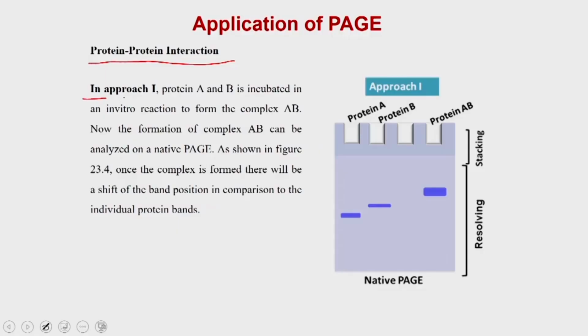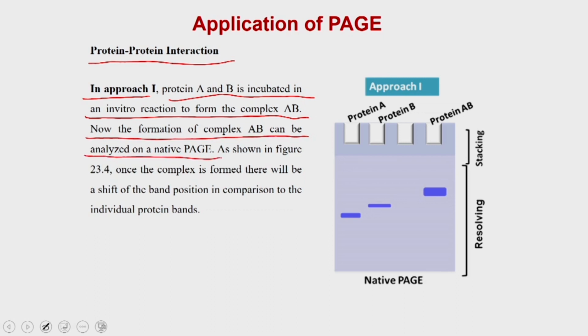In approach 1, protein A and B are incubated in an in vitro reaction to form the complex AB. The formation of the complex AB can be analyzed on a native PAGE, as you can see in this figure.